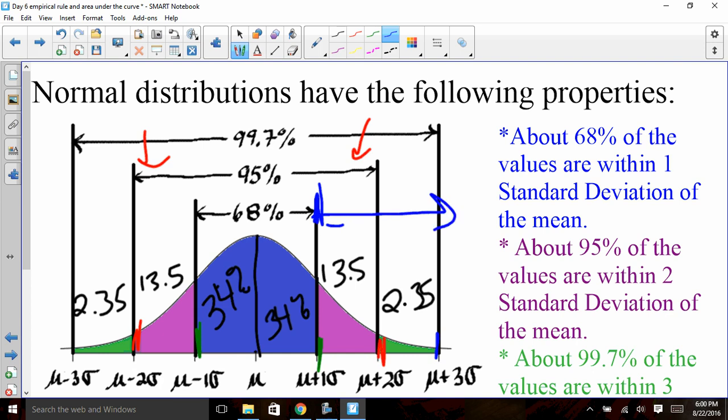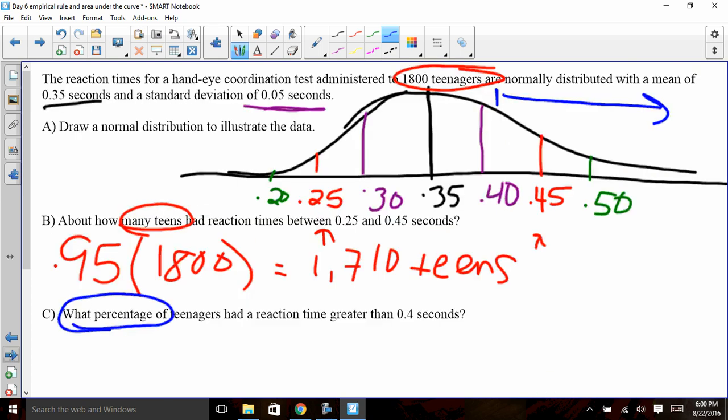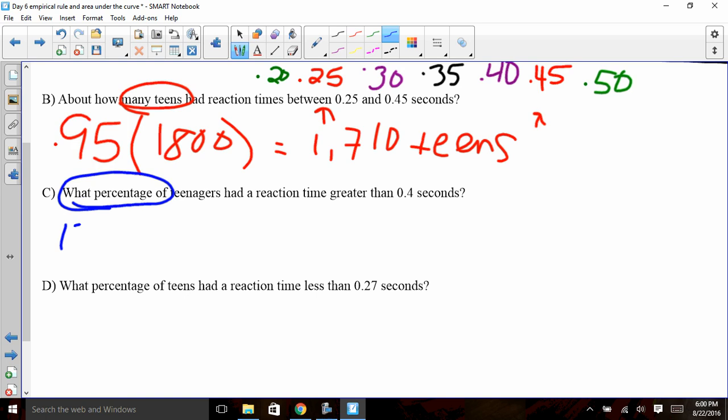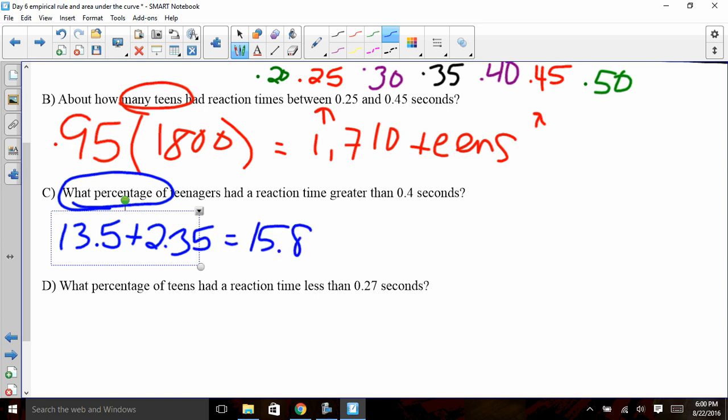So I'm going to take 13.5% plus 2.35%. And that's going to give me 15.85%.